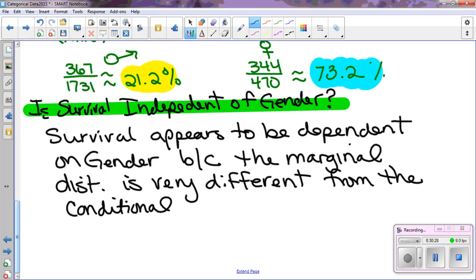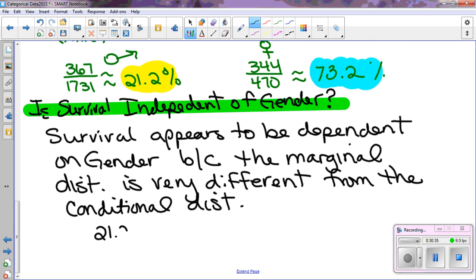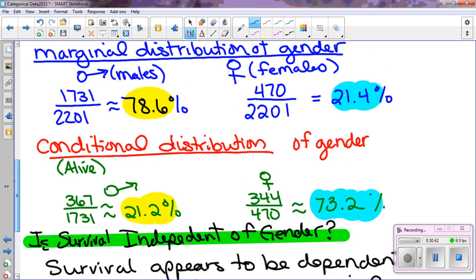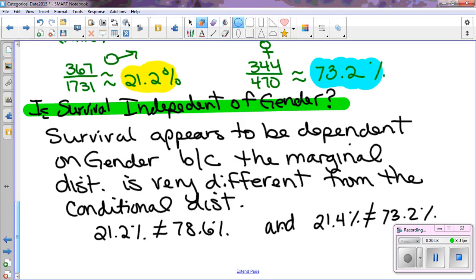I would even go as far as comparing and saying 21.2 is not equal to 78.6%, and that 21.4 is not equal to 73.2. Make sure you know what you're comparing. We're comparing boys to boys and girls to girls.